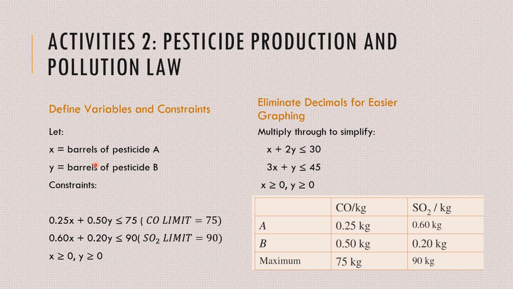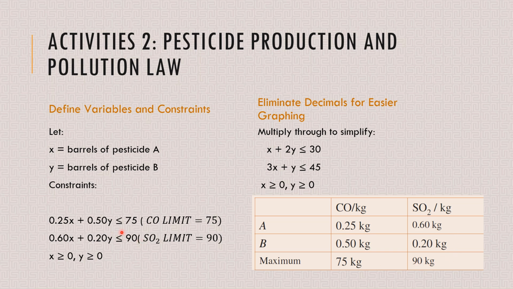So we have x equal to the barrels of pesticide A, and y equal to the barrels of pesticide B. Look at this table. For pesticide A, we produce 0.25 of CO and 0.60 of SO2. For pesticide B, we produce 0.50 kg of CO and 0.20 kg of SO2. The maximum for CO is 75, and the maximum for SO2 is 90.